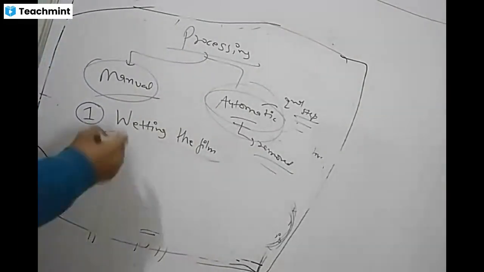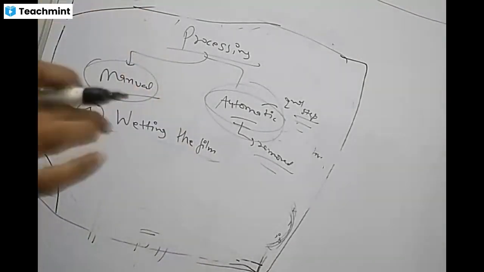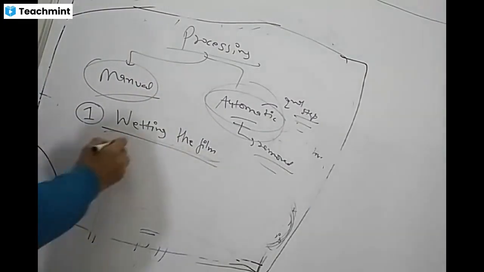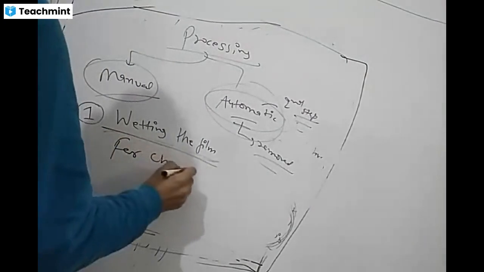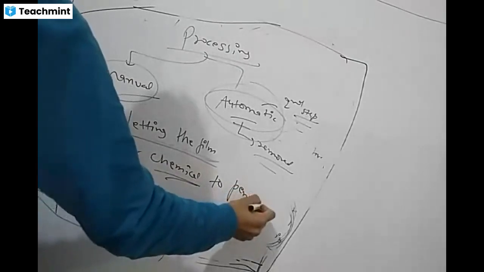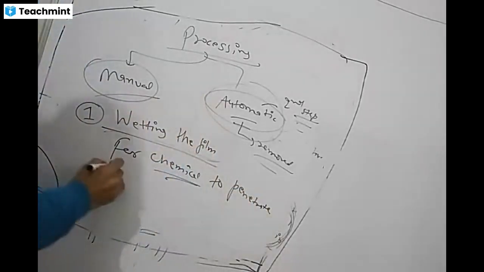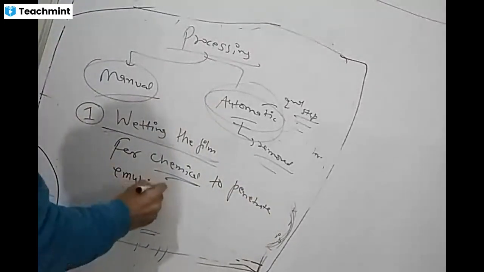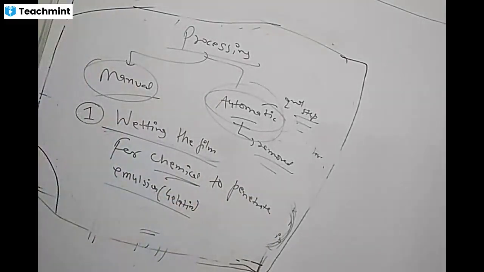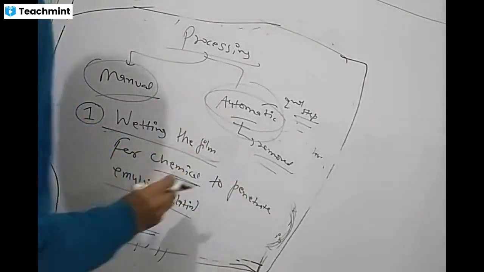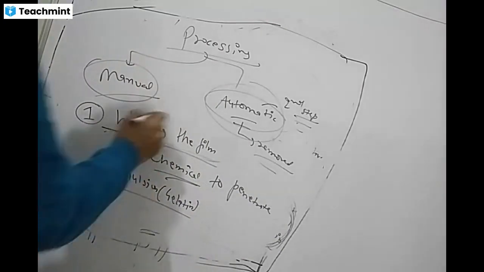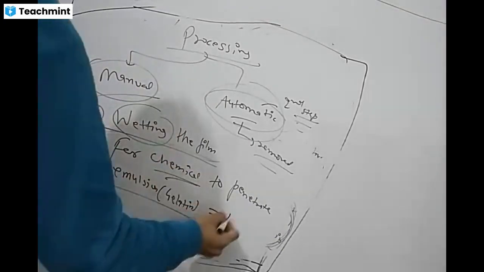Because after this, the step is development, or the use of chemicals called developing chemicals or developer. For the chemicals to penetrate this emulsion, or the more important term gelatin, because these crystals are present in gelatin, the film is treated by the wetting agent, H2O.